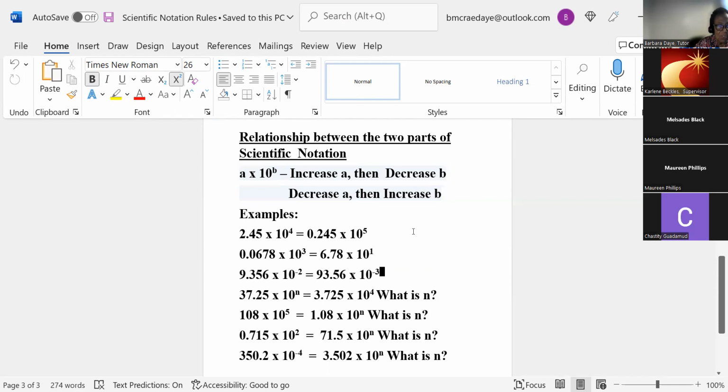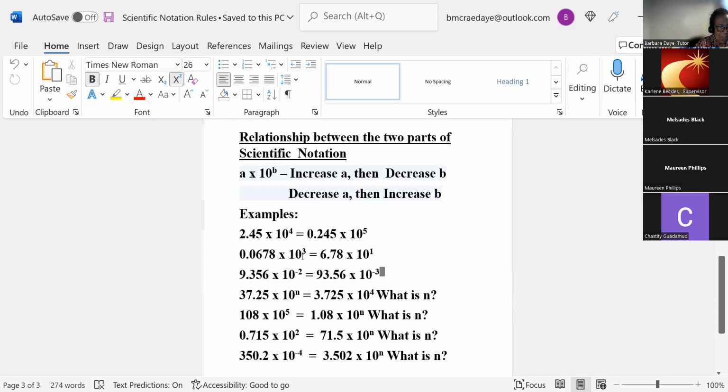That's a decrease, right, because 0.2 is smaller than 2. So I moved the decimal point one place to the left. I did a decrease, so I increased the power by 1. So that becomes 10 to the 5th. Got it?